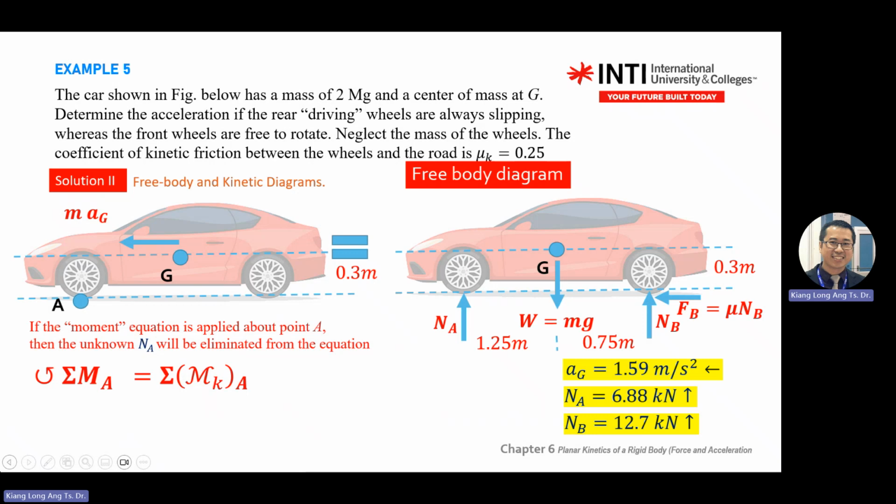Okay, sum of M_A equal to sum of M_k, capital M but in italic form, K bracket A. This is to tell you that this is actually referring to one of the diagrams.